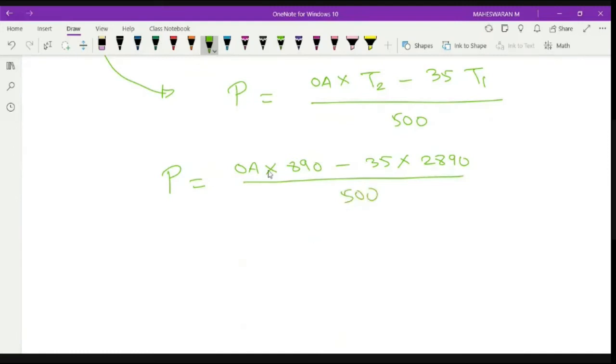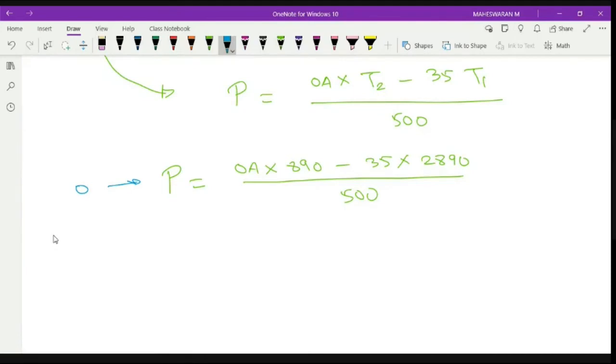Now I have to change the value of OA so that my P will be negative, or I can say P is 0. I will put P equal to 0 and find the value of OA.